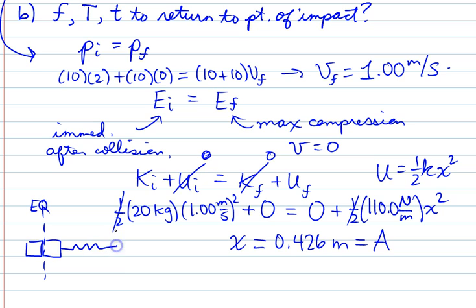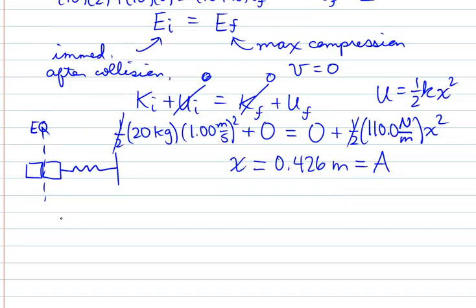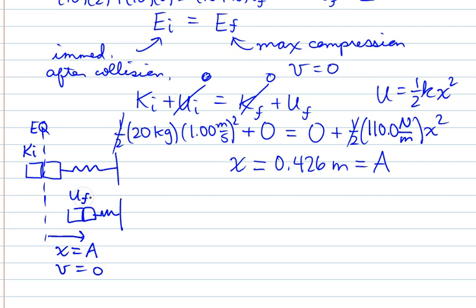Then they squish together and travel an amount x, which is equal to their amplitude, when their speed is 0. So if we simply say that the kinetic energy they had here is equal to the potential they had here, then we have the amplitude of the motion.